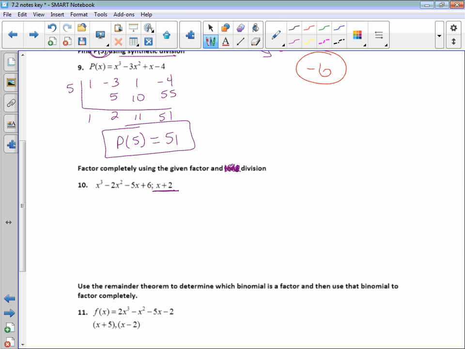Yeah, you should have no remainder if it's a factor. So if you go through and you get a remainder, go try again. You did not do it right. So I'm going to start my synthetic division. 1, negative 2, negative 6, 4, 6. Okay, yay, I got a 0.